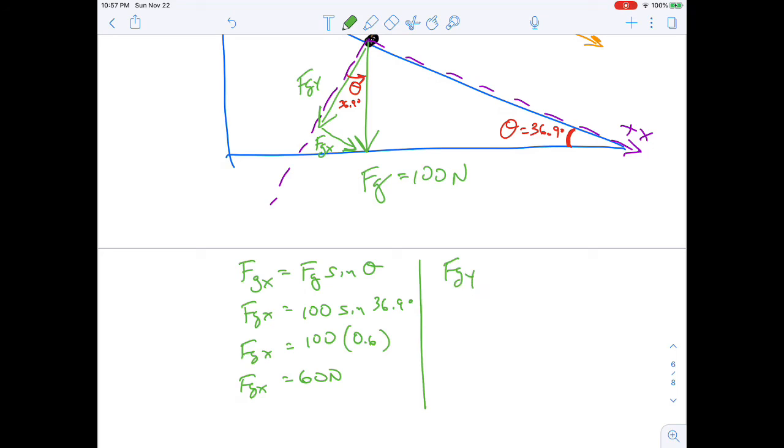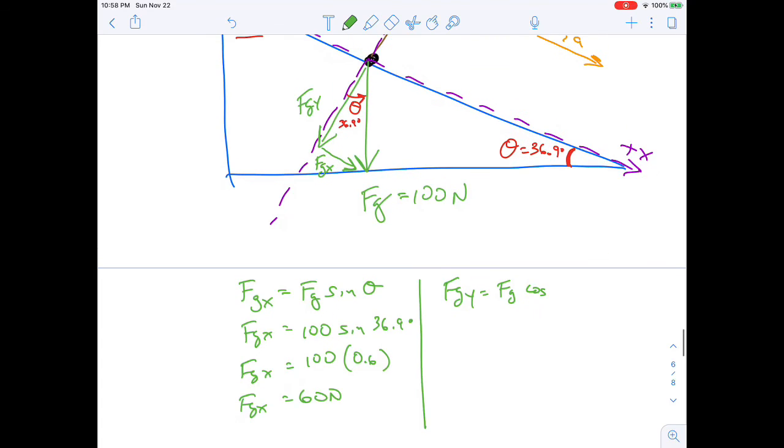And that means the y portion of the gravity is going to be related to cosine, because notice that is adjacent over the hypotenuse. Now remember, the hypotenuse is all of gravity itself, right? So if I want to know FGY, it's related to the adjacent side of the angle to the hypotenuse, because gravity is in the fourth quadrant.